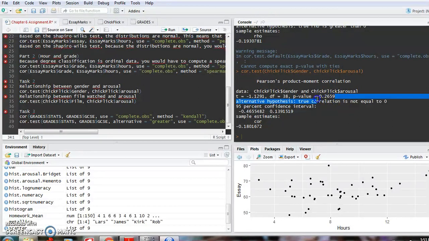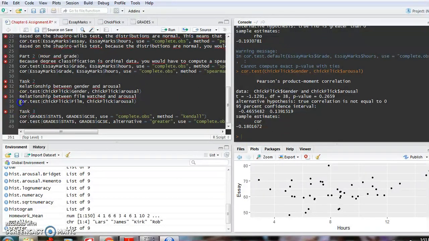This is non-significant for us, with a p-value of 0.2659. This is greater than 0.05, so therefore it's non-significant.